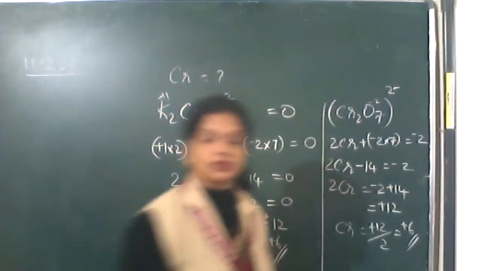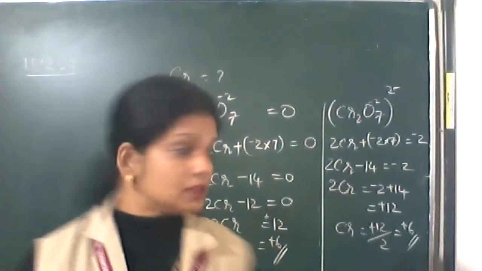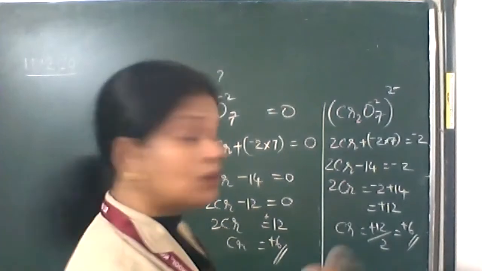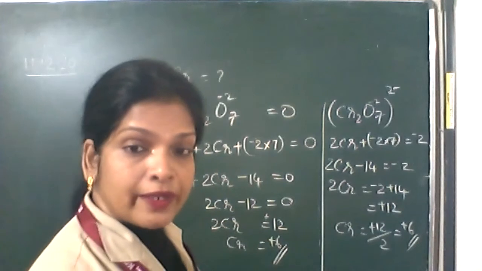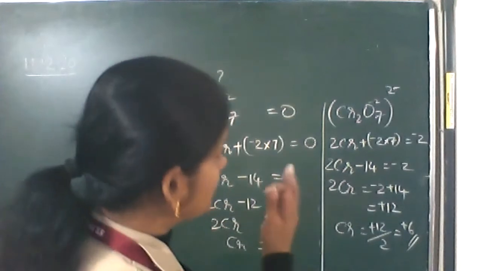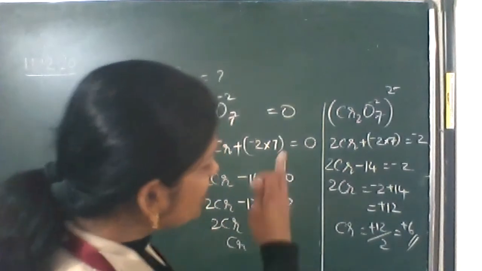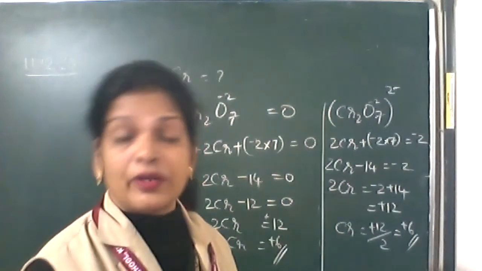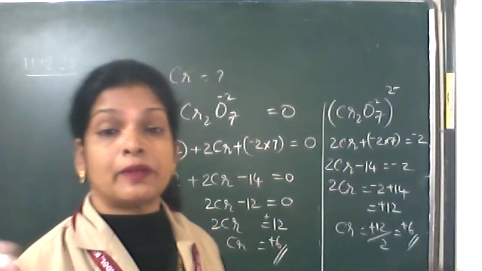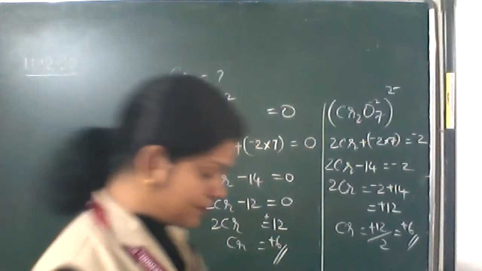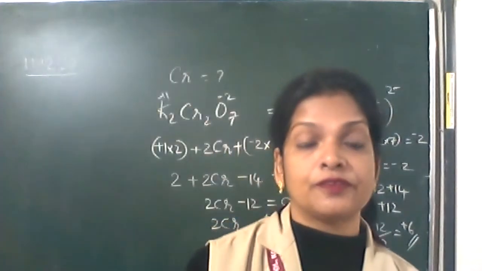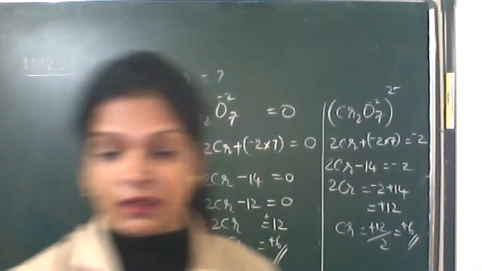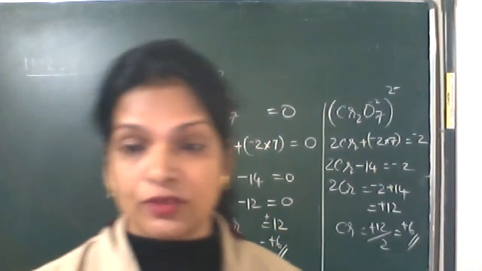So oxidation states, whether in the neutral species or the charged species, are the same. Potassium dichromate is the same as dichromate ion, and potassium permanganate is the same as permanganate ion. That's how we find the oxidation states of different atoms in different species.